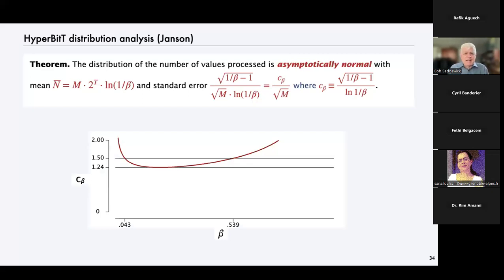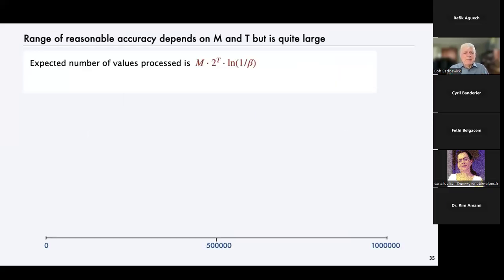And that's an interesting constant. Study this graph for a little while. If beta is close to zero or close to one, it's too big. But there's a big range where it's relatively small, like less than 1.5. It's explicit, so it's a model that we can work with when designing algorithms, as you'll see.